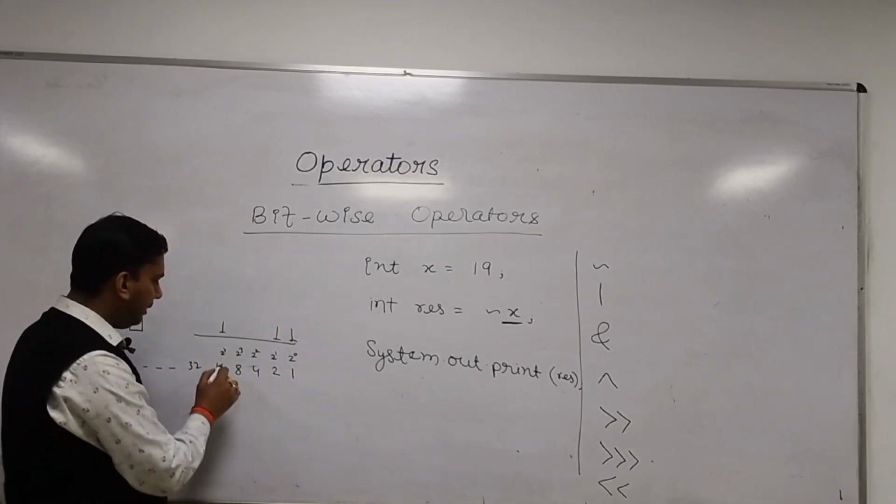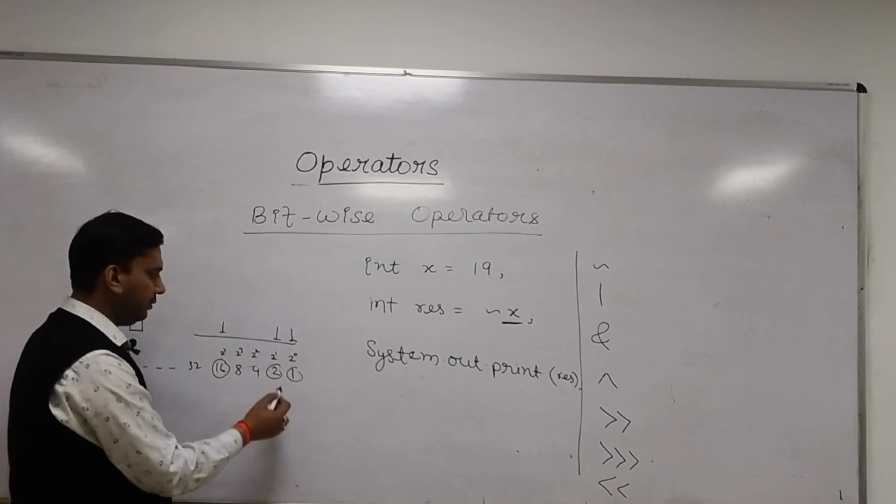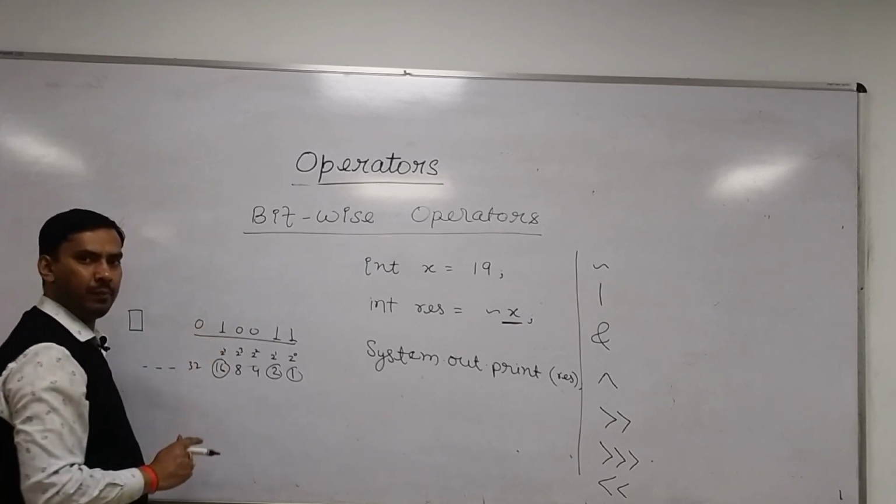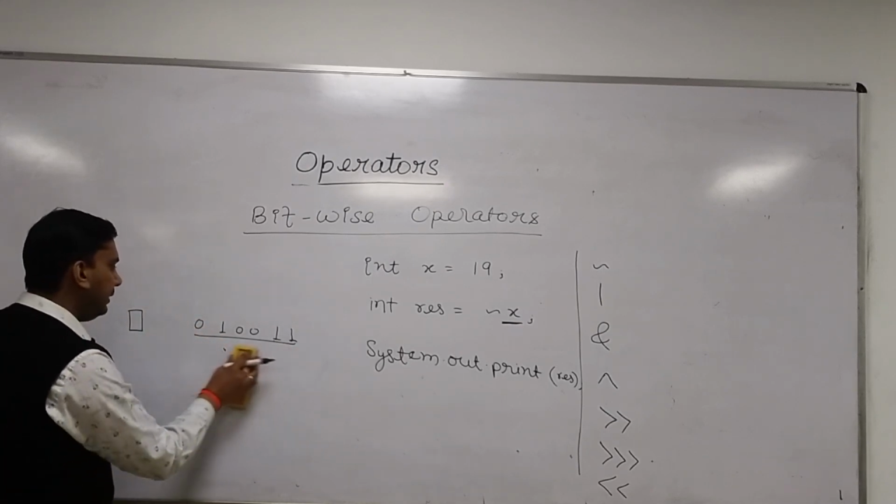To find 19, it means 16 plus 2 plus 1. So these places will be 1, and the rest will be zeros. Right? So I have represented 19 here.